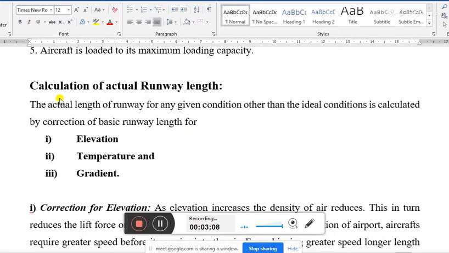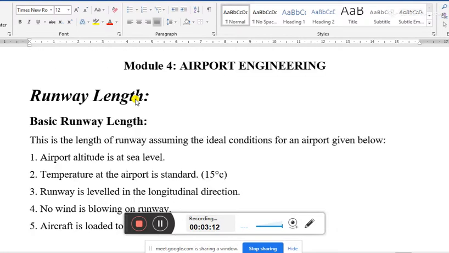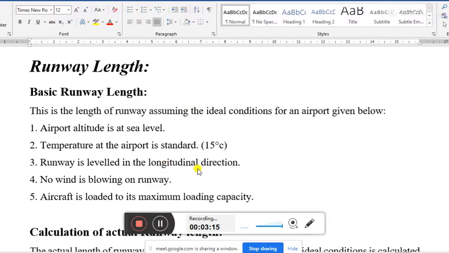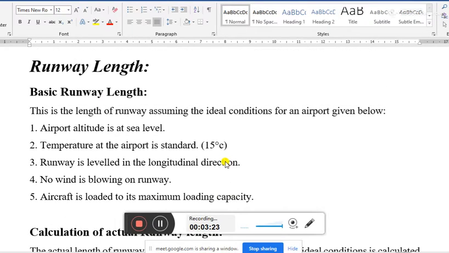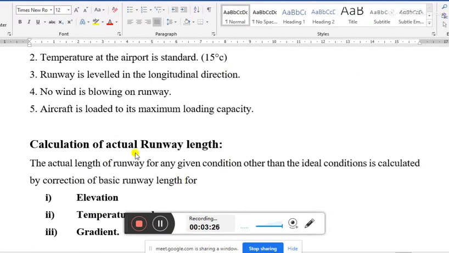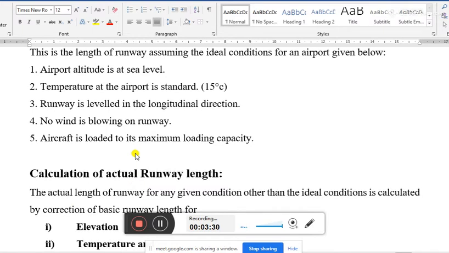We have to keep all these ideal conditions in mind to calculate the actual runway length. Now coming to the next part, that is the calculation of actual runway length. In that, we can understand the actual interpretation of all these ideal conditions.